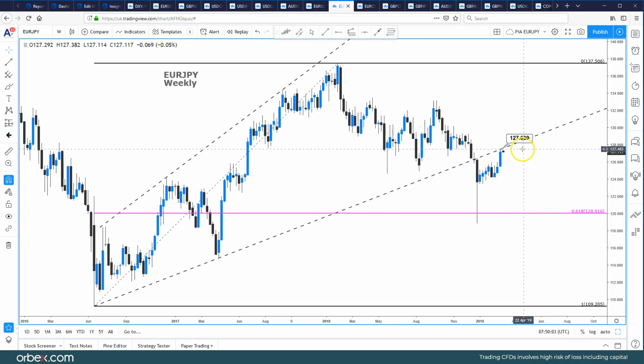However, the intraday time frames show no clear indication that this rally is coming to an end. We've got quite decent support to the downside around 126.30, 126 the figure, but I'm very conscious of that reverse trendline, and I think we've really got to break that for this euro yen rally, what looks like a corrective rally at the moment, to continue.